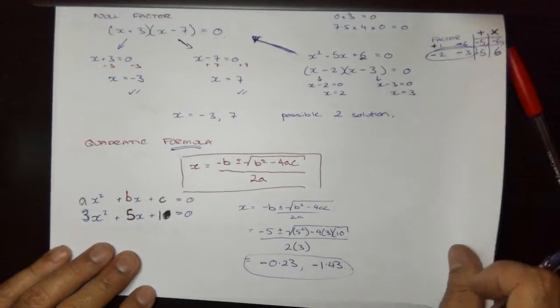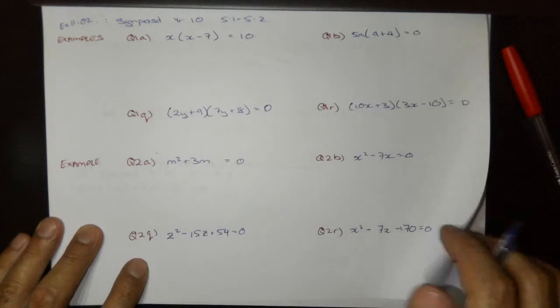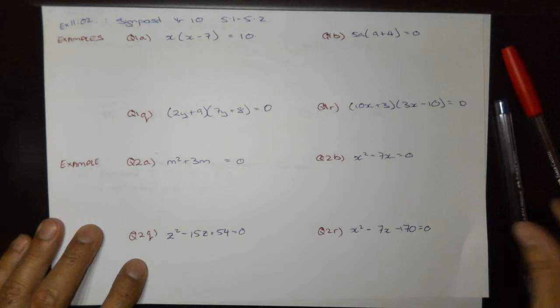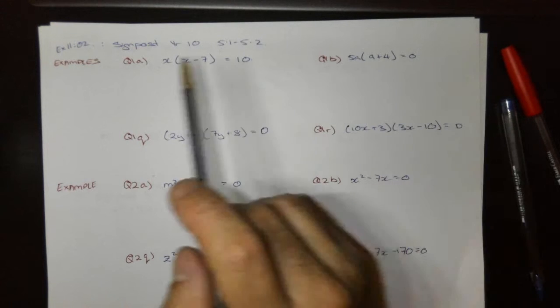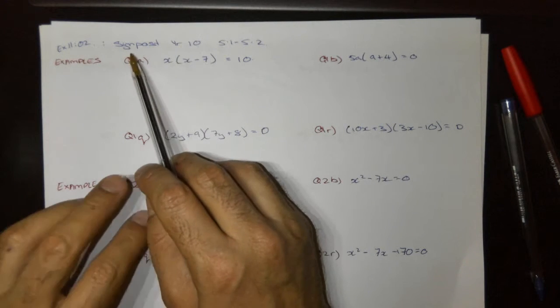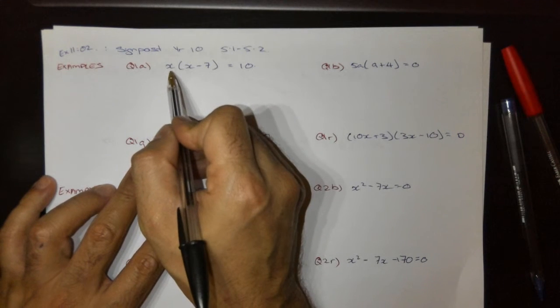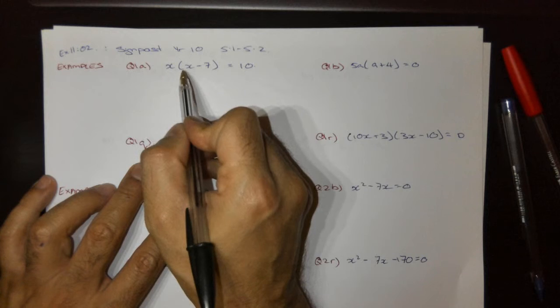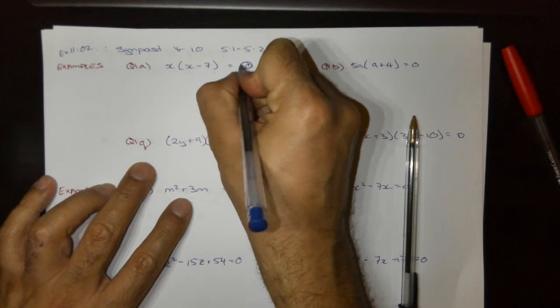Here are some examples that you'll be doing yourself in class. This is from our textbooks, exercise 1102. You're going to do all of question 1 apart from the ones I've done. I've got x multiplied by x minus 7 should equal 0.